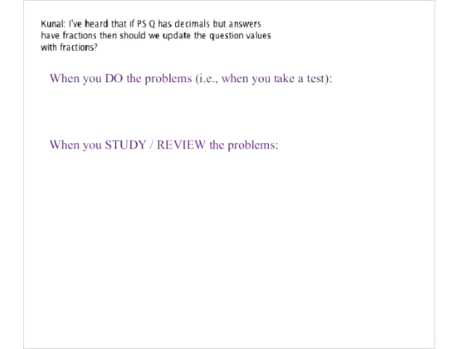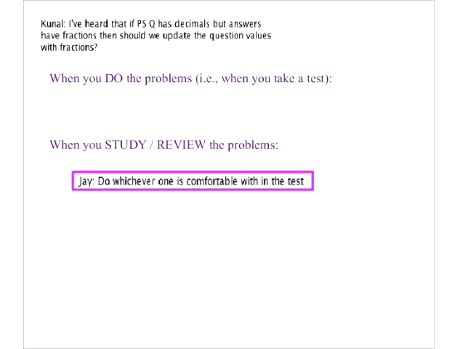If you guys have the right kind of, it's what Jay is saying. It's exactly the point. It's not the format of the answer. It's not that I should memorize a rule. It's that you should do whatever you feel comfortable with during the test.